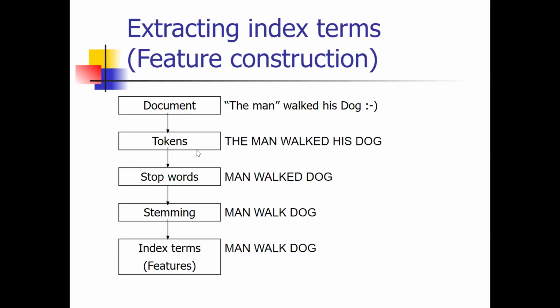Right. Now, one issue is if you are going to do it like this, think about a document where you have 100,000 words. You will get thousands of words as features, right?